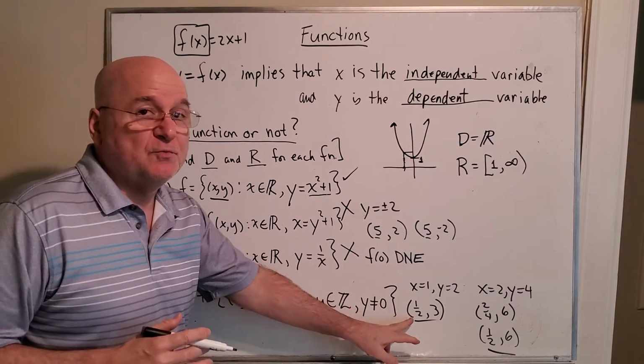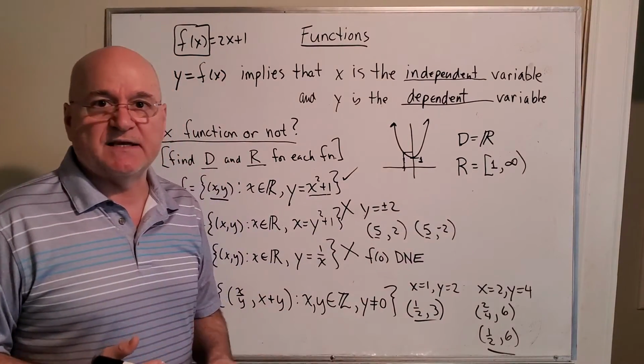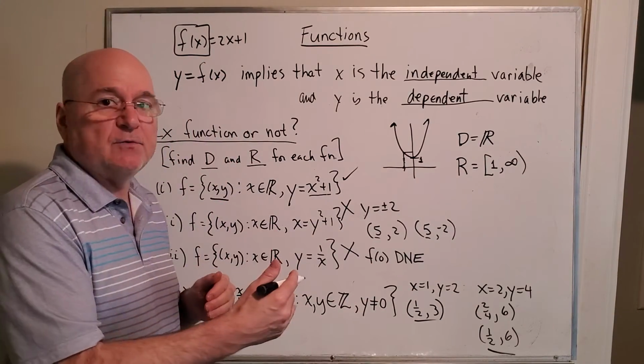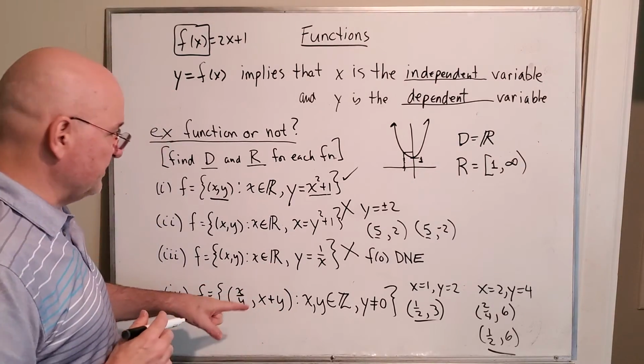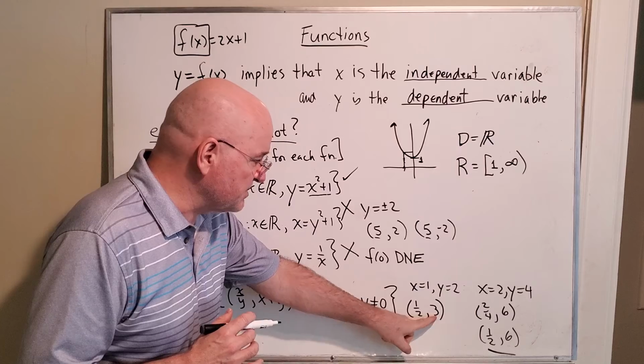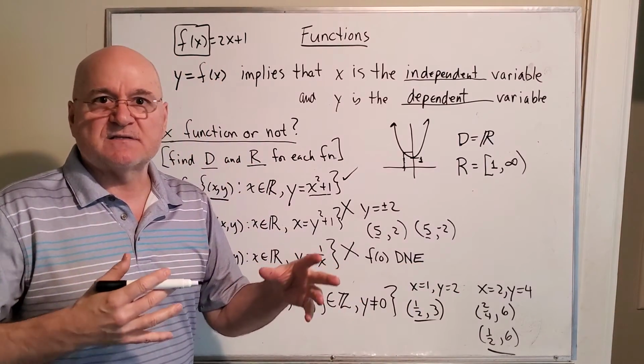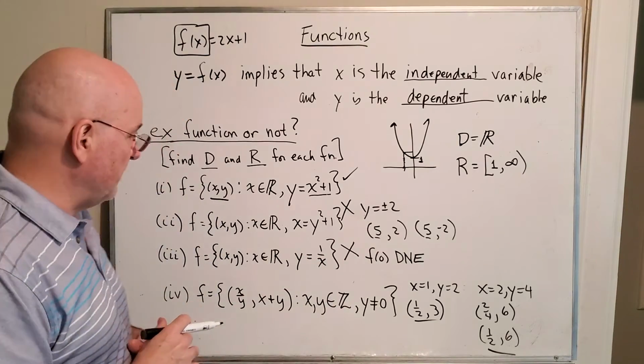And actually, we could find an infinite number. If we just chose x equals 3 and y equals 6, or x equals 5 and y equals 10, we'd find out that there's an infinite number of second values corresponding to 1/2. 1/2, 2/4, 3/6, 5/10, and so on.